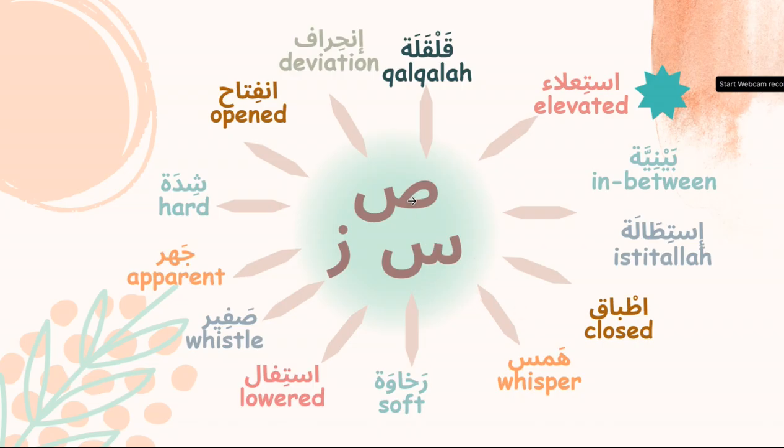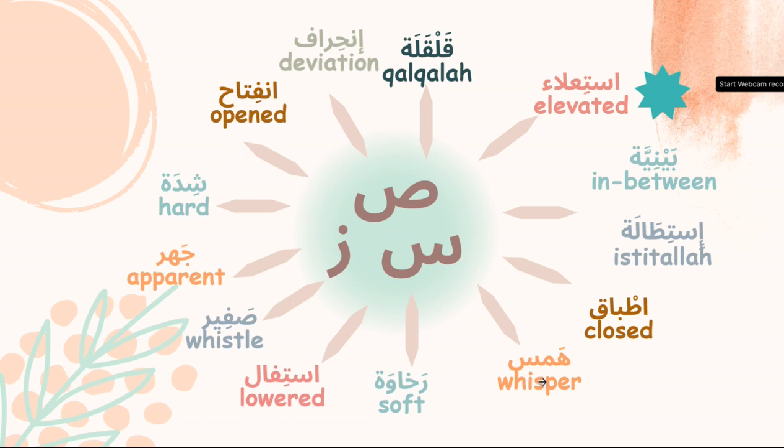So the Sad has itbaq, but the Sin and the Za are open. They have infitah.